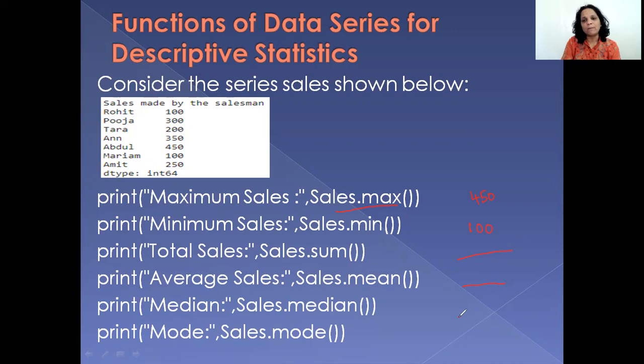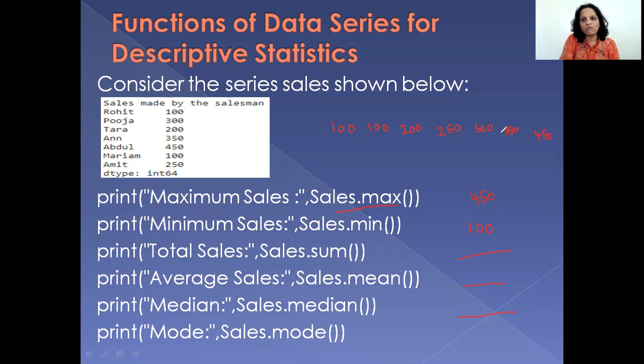Then coming to median. Okay, now what is a median? You must have learned it in maths, that in median, you need to arrange this value in ascending order. So I arrange it as 100, then I have another 100, then I have 200, then I have 250, then I have 300, then I have a 350 and a 450.